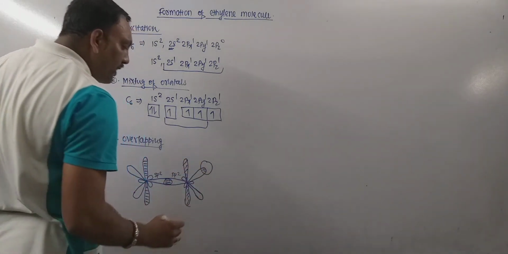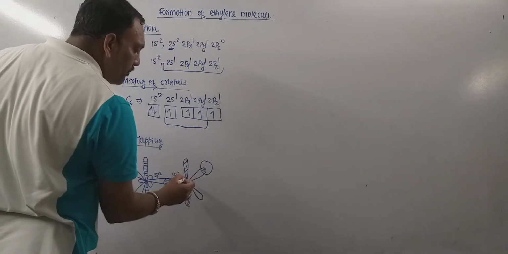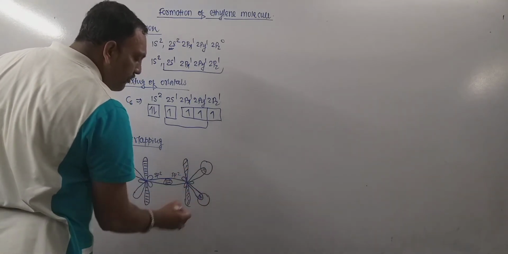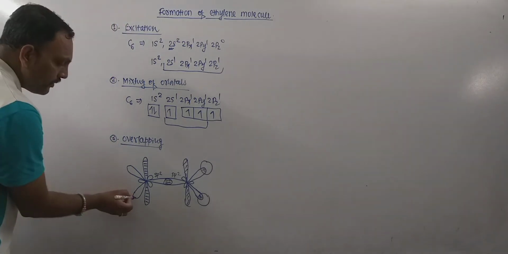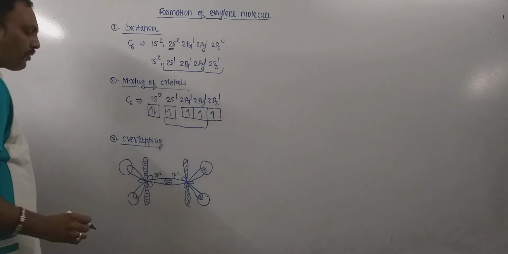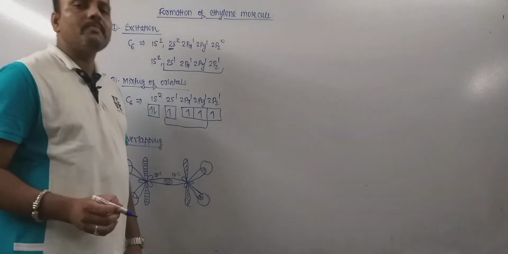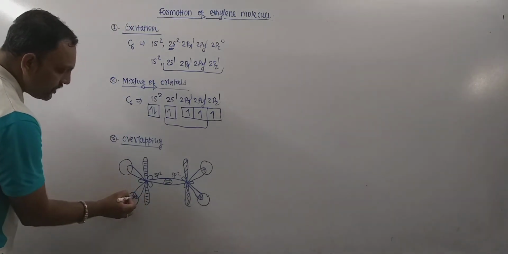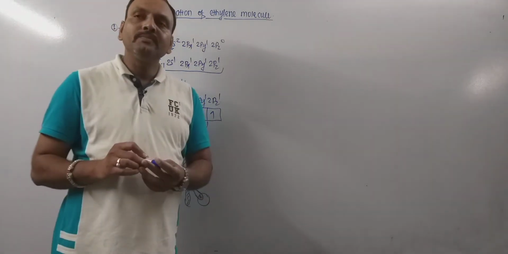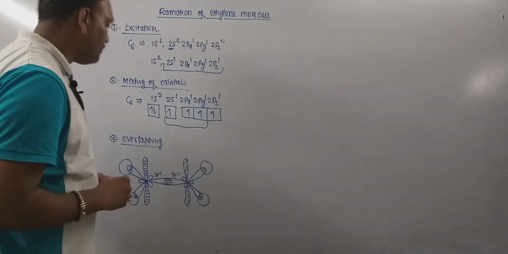The name of the overlap is sp2-s overlap, due to which a carbon hydrogen bond is formed. Another hydrogen overlaps with another sp2 hybrid. Now the third hydrogen overlaps with sp2, the fourth hydrogen overlaps with sp2. In this manner 4 CH sigma bonds are formed due to sp2-s overlap.